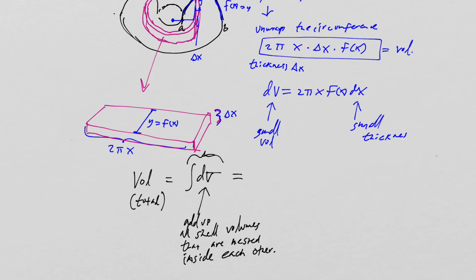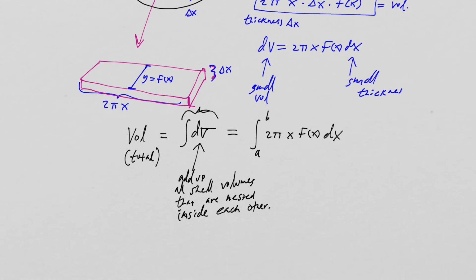But we're going to break that out, and it's going to be an integral from a to b, whatever the limits of the volume are, of 2 pi x f of x dx. This is the explicitly calculatable integral.